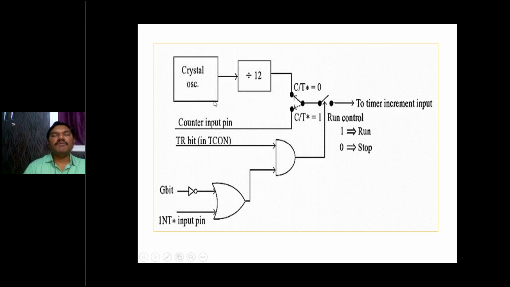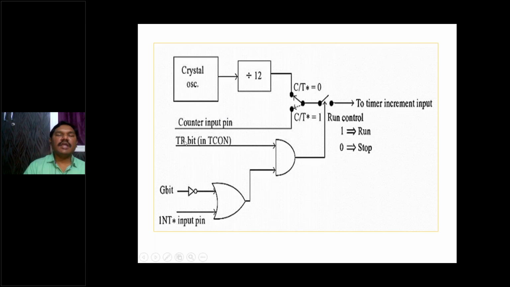If a constant frequency of 11.0592 or 12 megahertz is available, it takes the signal from here. Otherwise, it takes the signal from this point. That's why we have the switch C by T bar. If C by T bar is 0, the frequency comes from the internal oscillator. If C by T bar is 1, the signal comes from the external world.